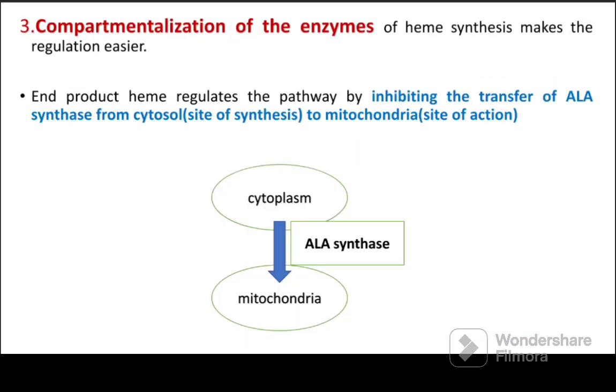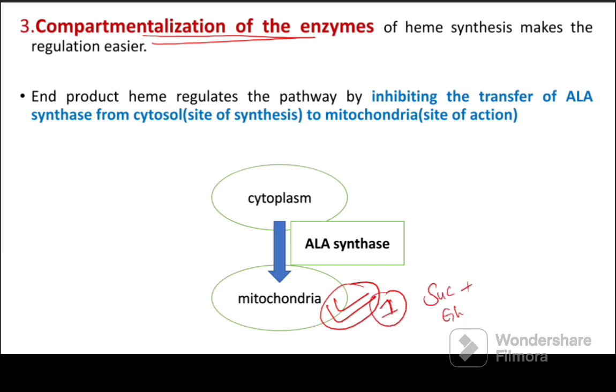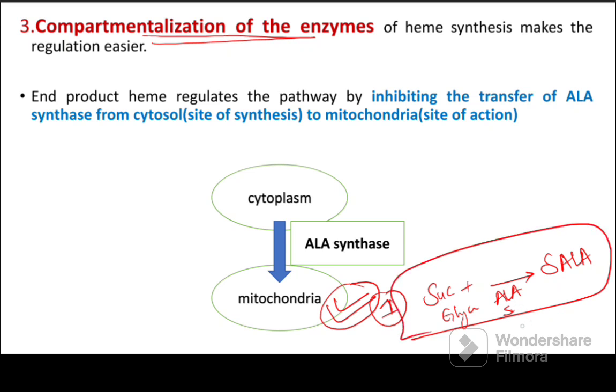Now another type of regulation is compartmentalization of the enzyme. The first step of heme synthesis occurs in the mitochondria. The first step, that is succinyl CoA plus glycine, in the presence of the enzyme synthase, forms delta aminolevulinic acid. This entire step occurs in the mitochondria. But the enzyme synthase gets synthesized in the cytoplasm and is transported to the mitochondria for the reaction to occur.